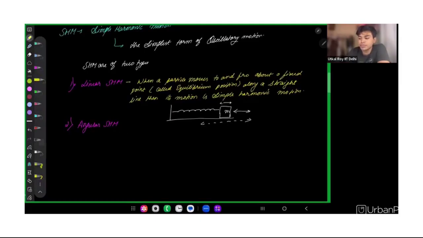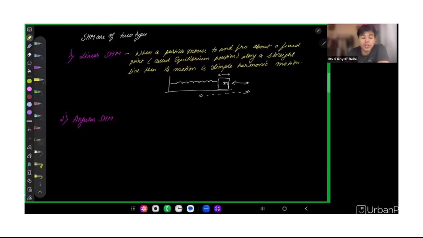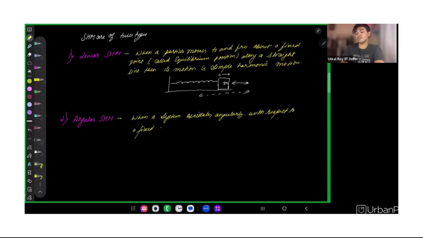Now, what about angular SHM? When a system oscillates angularly with respect to a fixed axis, here the position won't be fixed, but the axis will be fixed, then its motion is called angular simple harmonic motion.